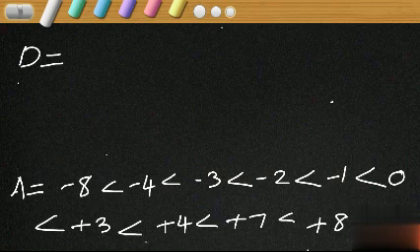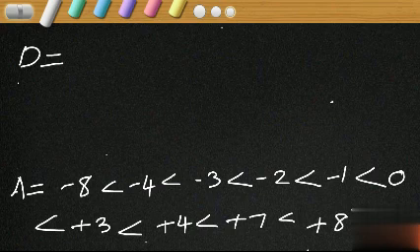But the one thing to keep in mind is that the sign will be reversed. The reverse sign of less than is greater than. So in ascending order the sign between two numbers is less than, and it will be greater than in descending order.